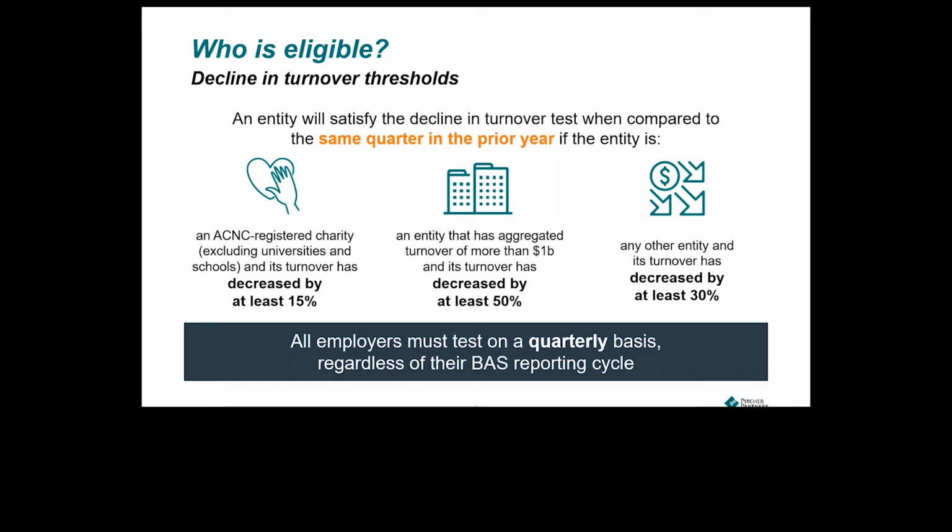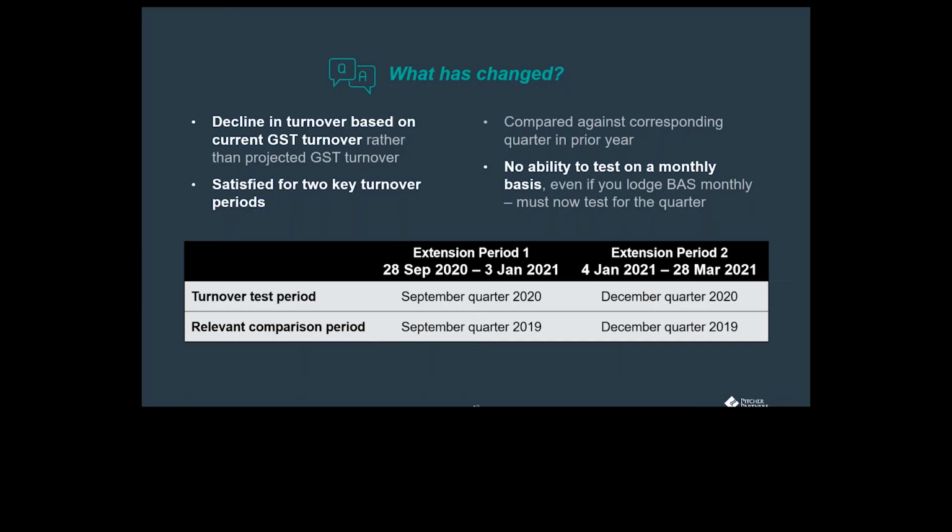So for JobKeeper 2.0, the test must be done on a quarterly basis, regardless of whether the relevant entity lodges their BAS on a monthly or quarterly basis. So even if you lodge monthly, you will still be required to test effectively three months' worth of turnover for the relevant test period.